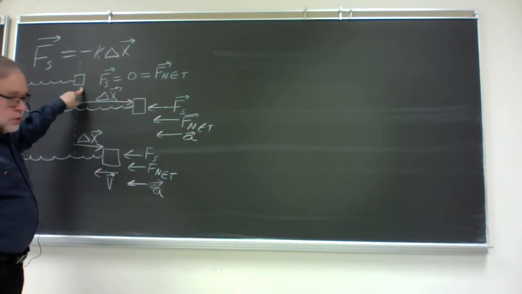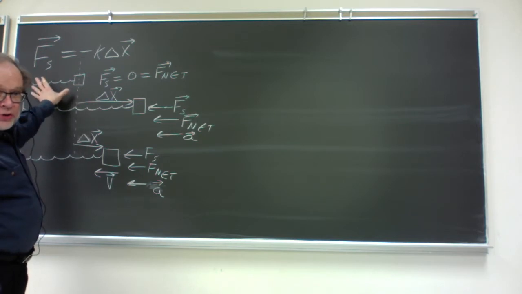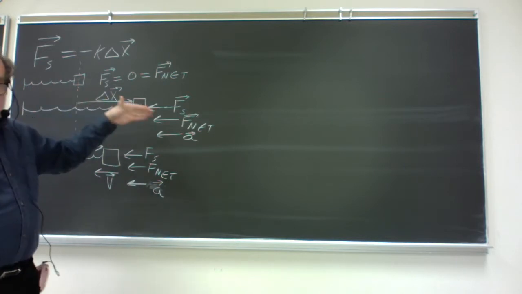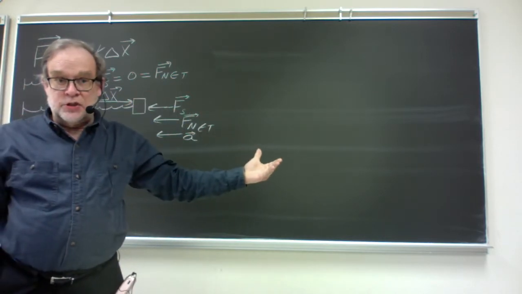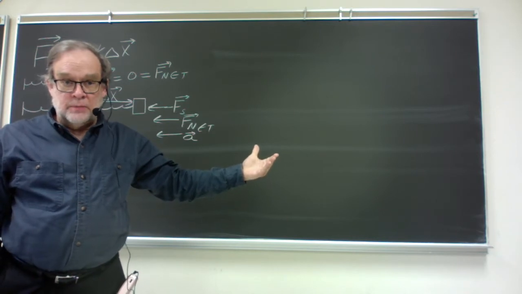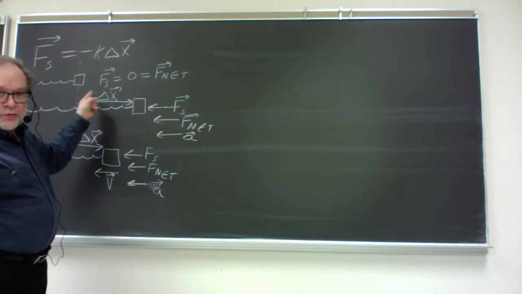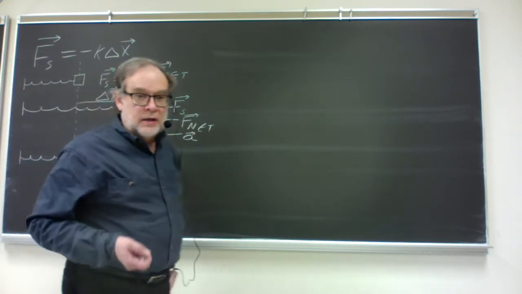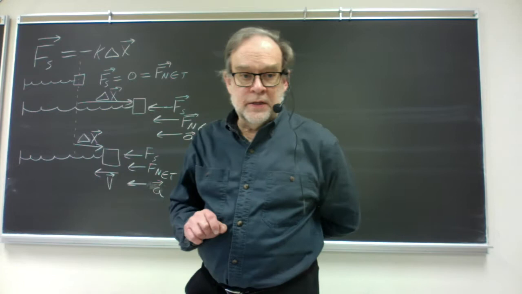Start out here with the spring just at its normal, unstretched, unsqueezed length. So in that state, the spring is applying no force to the mass. So the spring force is zero, the net force is zero, because the spring force really amounts to the net force in this case.